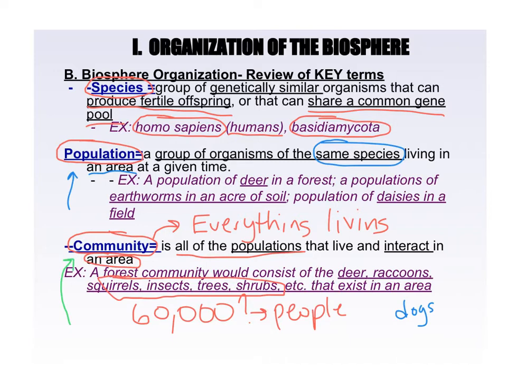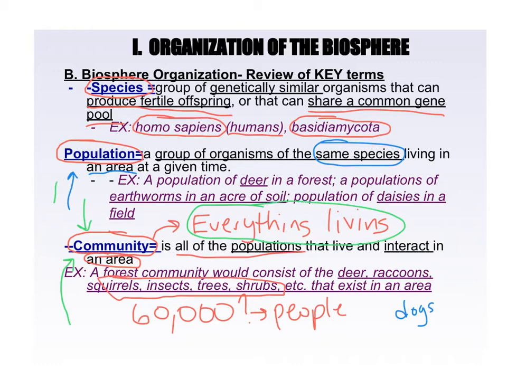The only things that are not within the community are things that are non-living. Things that are non-living are like the soil, the dirt, the temperature, how much rainfall, water, etc. Those things are non-living. So those are not part of the community. But everything that is living is included in what's called the community.